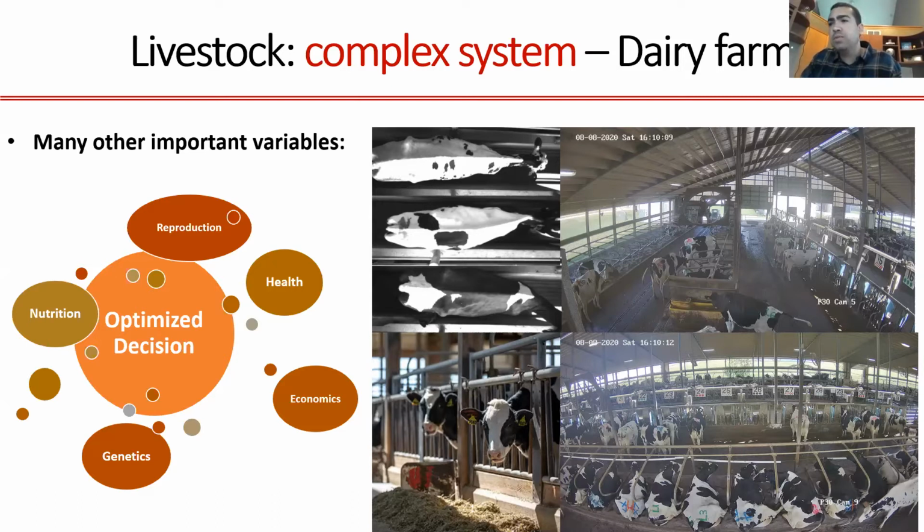And if we look at those pictures here, we can see the complexity of the system that I'm talking about, right? We have cows that are eating, so we need to be monitoring the feed and how feed is being delivered to those cows. You need to pay attention to the body condition score and the comfort and well-being of those animals, the water, the ventilation, and the housing as a whole.